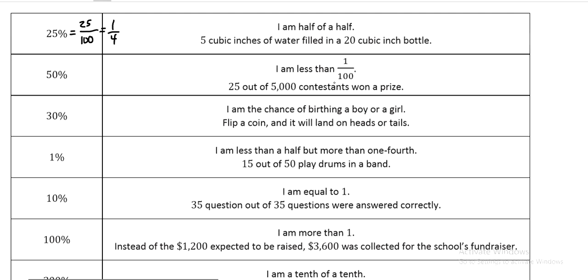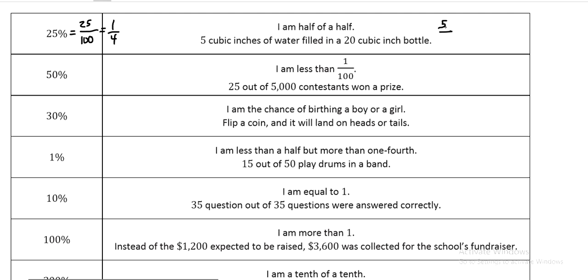So this first choice, I am half of a half. Half of a half, well, we could explore really what that looks like. It also gives us another example, 5 cubic inches of water filled in a 20 cubic inch bottle. I actually like using that one better because they give us a part out of a whole. The part is the 5 cubic inches of water, so that goes on top.